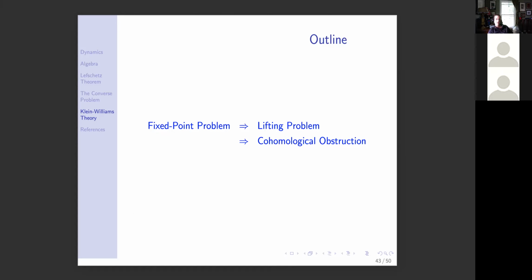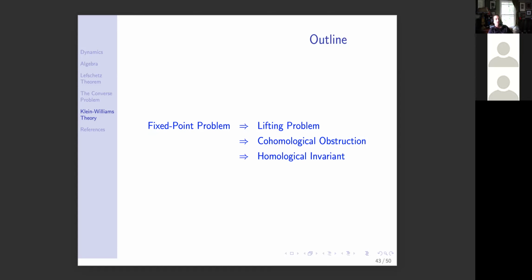And then that cohomological obstruction is related by something called Poincaré duality to a homological invariant. And if the homological invariant vanishes, you've solved the original fixed point problem. So this is the approach of Klein and Williams in a nutshell.